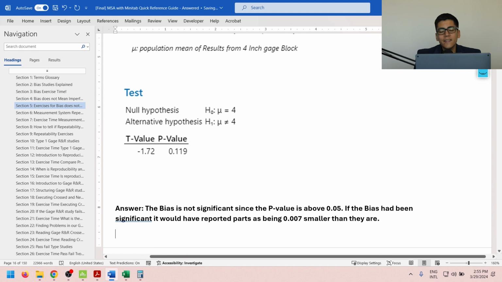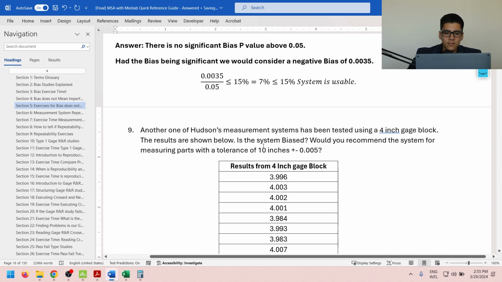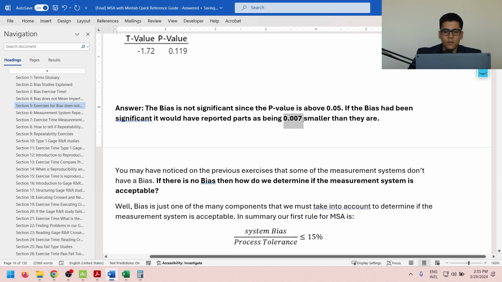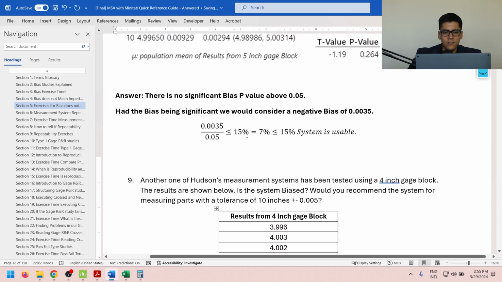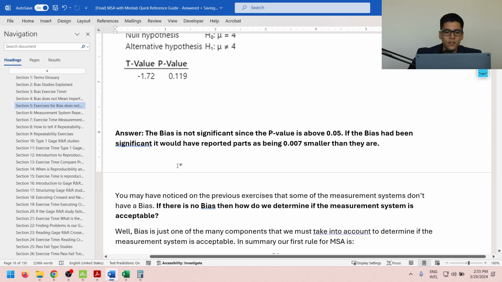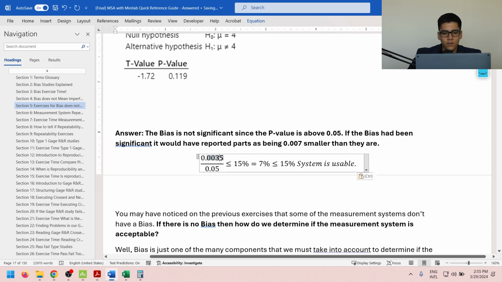Question time. Is this bias significant? So my tolerance is plus minus 0.005, and my system is reporting parts as being 0.007 smaller than they are. Evidently, this bias is actually going to be significant. It is even bigger than my tolerance.